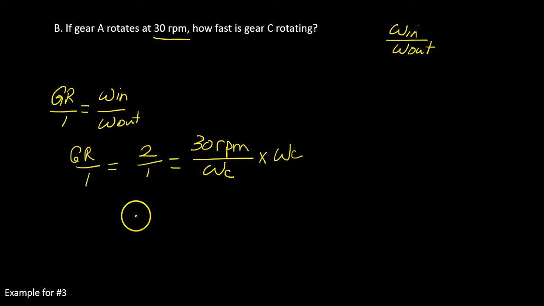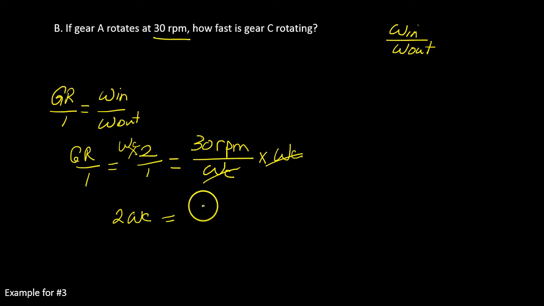So we're multiplying the angular velocity over here too. I'm going to drop this down to make it easier. So 2 times the angular velocity at C is equal to, well, this cancels and that cancels.